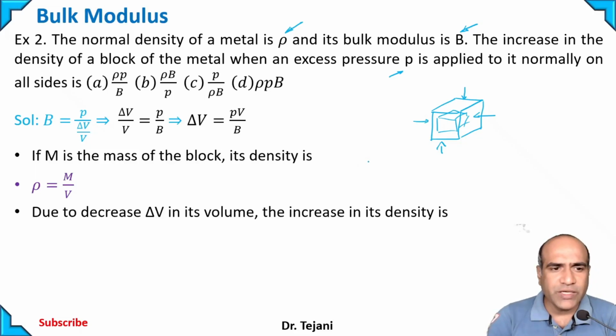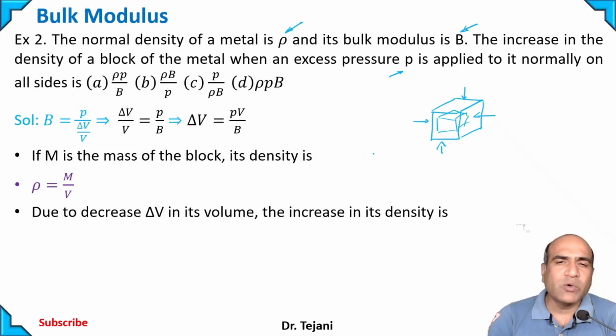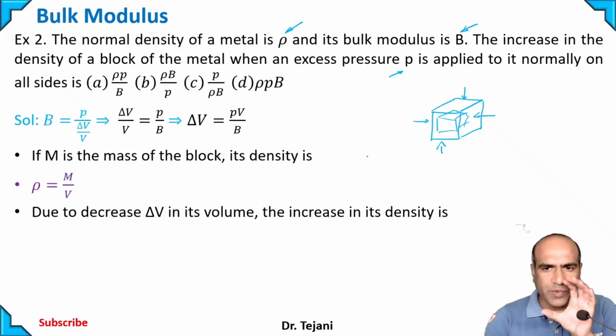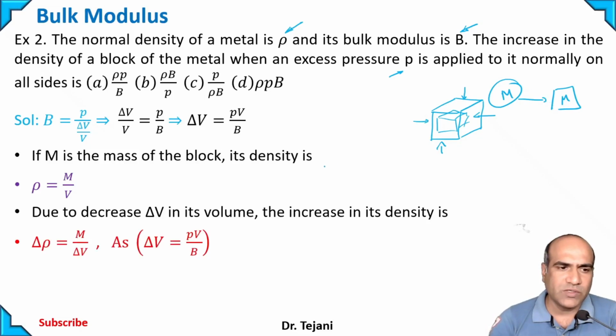Due to the decrease delta V in its volume, the density increases. Mass is the amount of matter inside the body, so matter is constant. If we compress any object, the mass before compression must equal the mass after compression. So total mass remains constant, and we can take the differentiation.